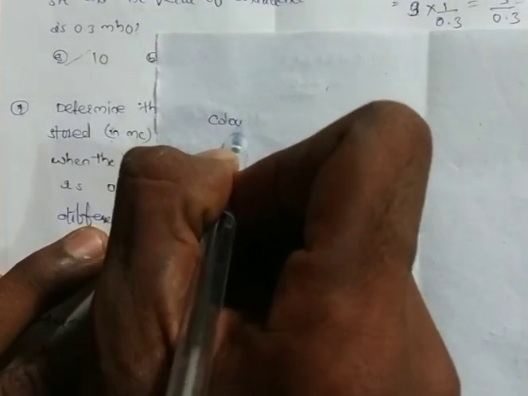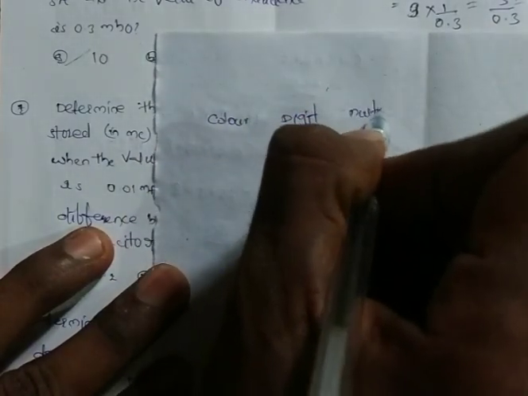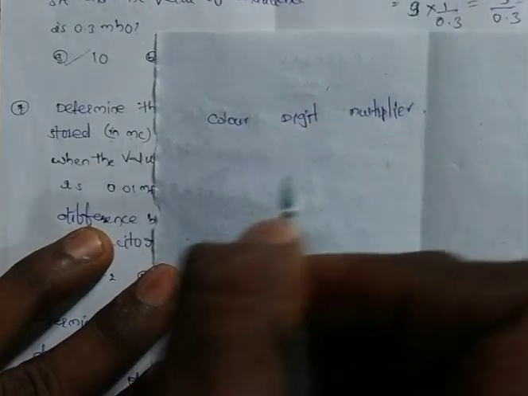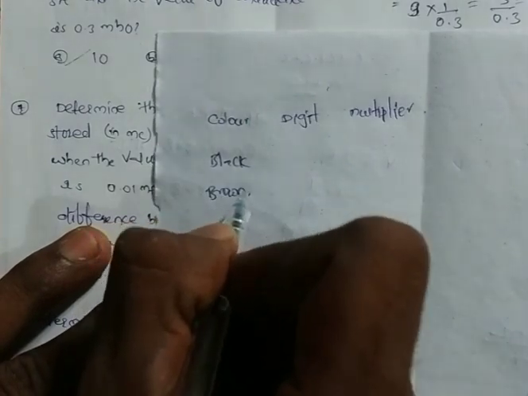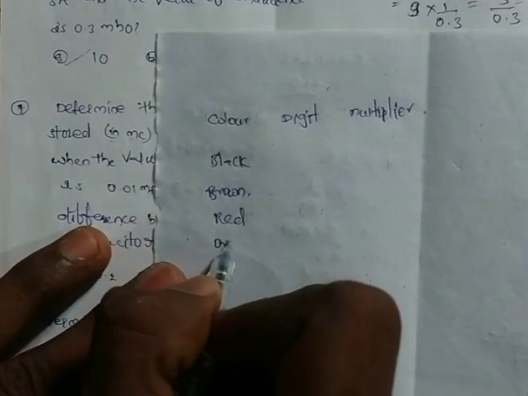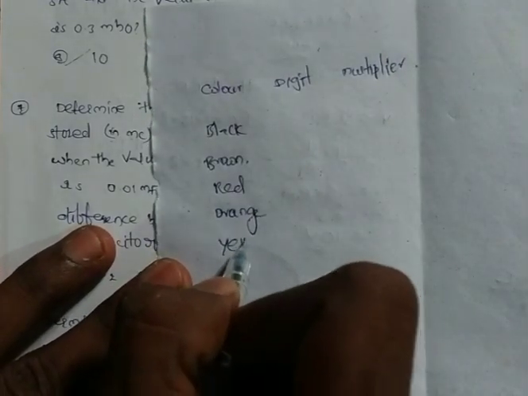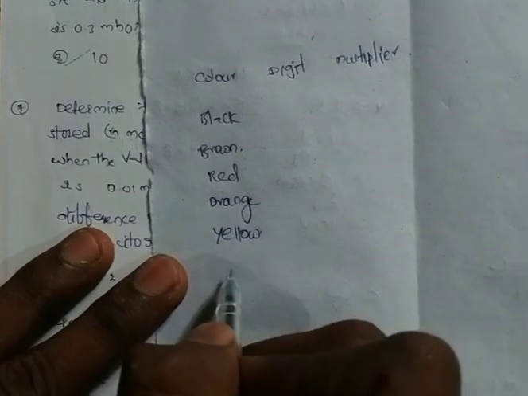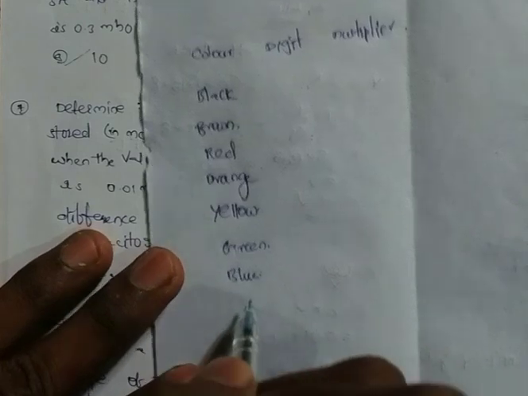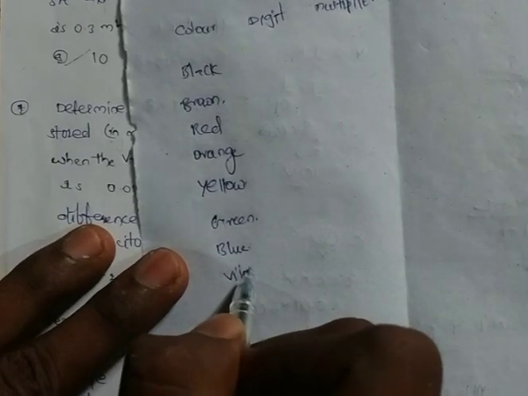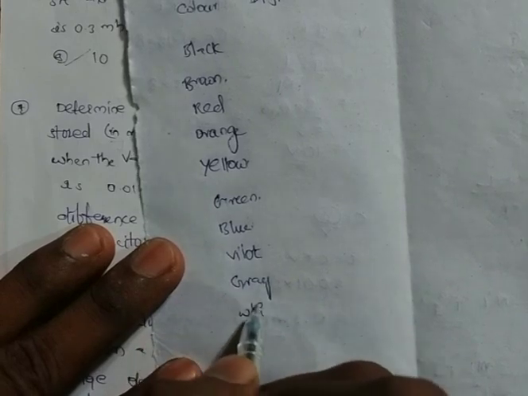First color, digit, multiplier. Black, brown, red, orange, yellow, green, blue, violet, grey and white.